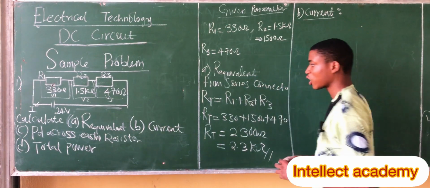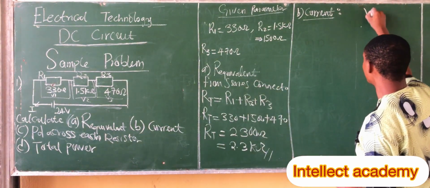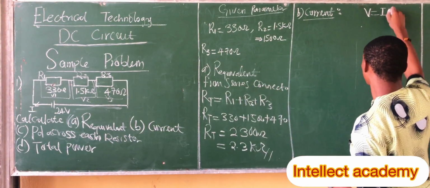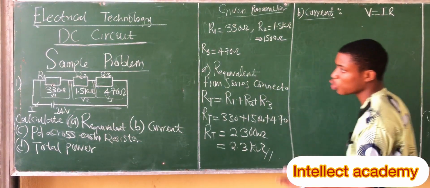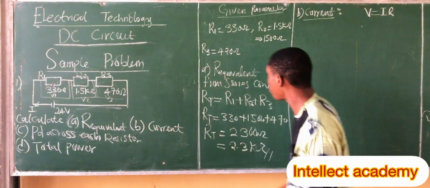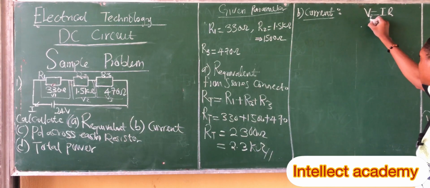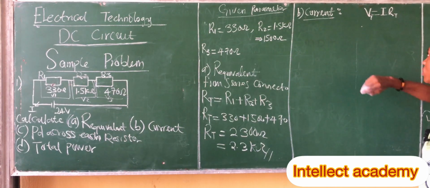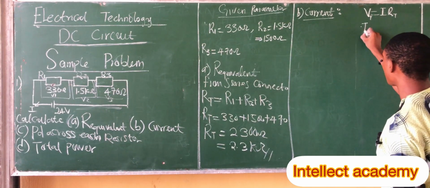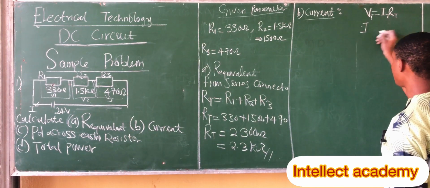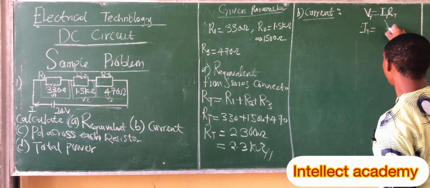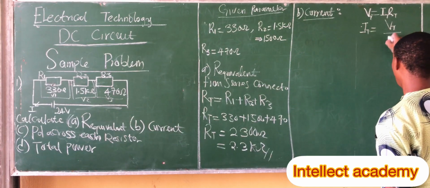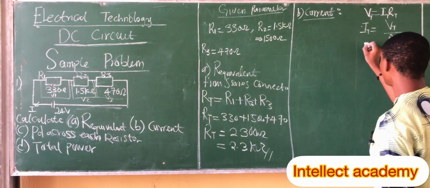So the current in this circuit, from Ohm's law, we say that V is equal to IR. For a case where we are dealing with the total parameters of this circuit, we are going to have V subscript T and R subscript T. So the total current, which is I_T, is equal to V_T over R_T.